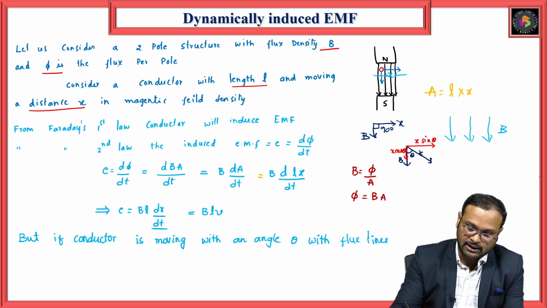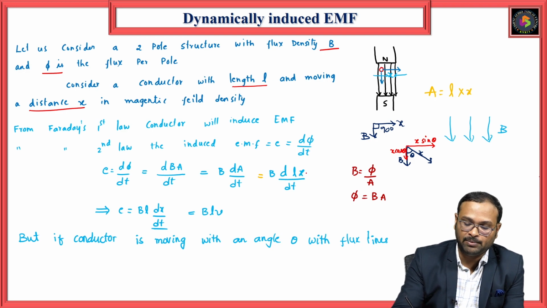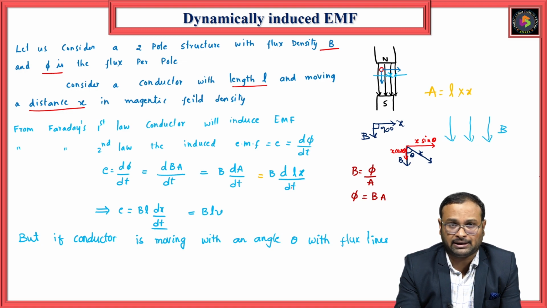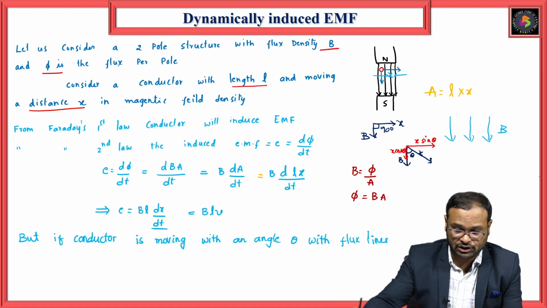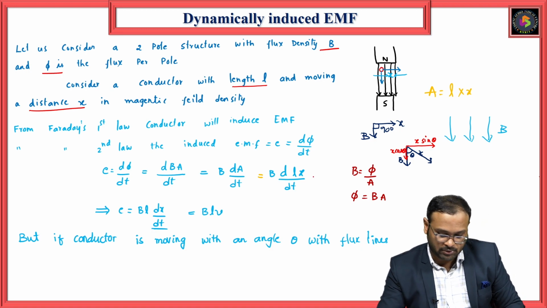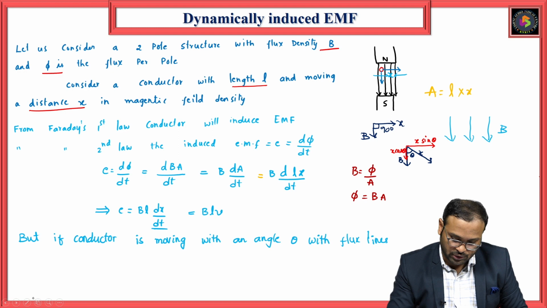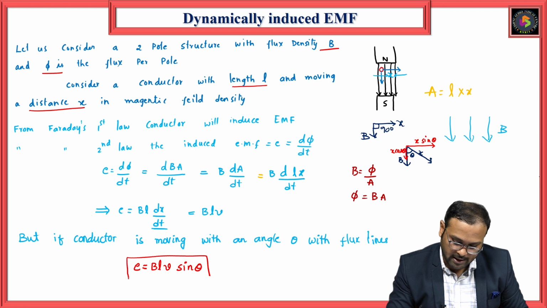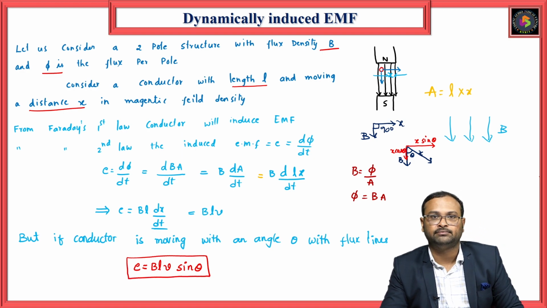So instead of dl into X, it will become dl into X sin theta, and sin theta does not depend upon time because it is moving only in this direction. So theta is constant and it will come outside. When the conductor is moving at angle theta, the equation changes to E is equal to BLV sin theta.